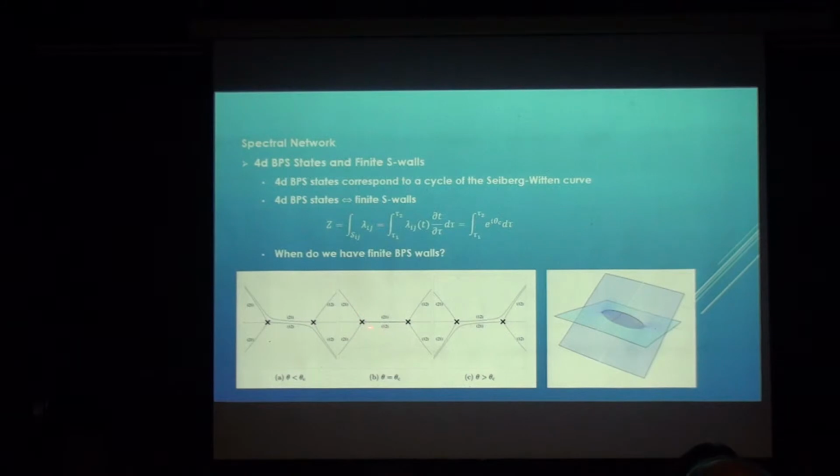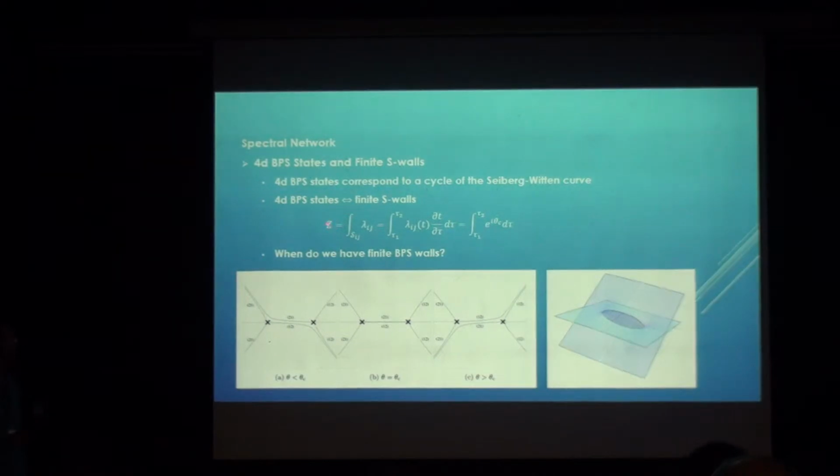Since these are two branch points on the Riemann surface, at this critical theta the finite S-wall references a cycle on the Riemann surface. Since this is a cycle, a finite S-wall corresponds to a BPS state.